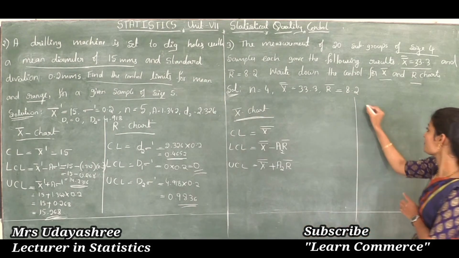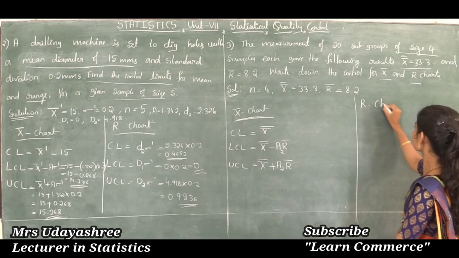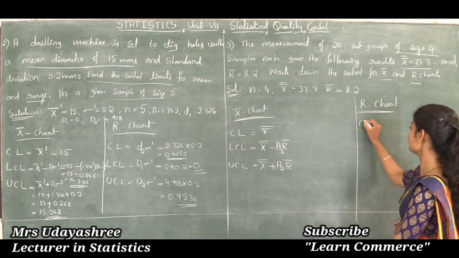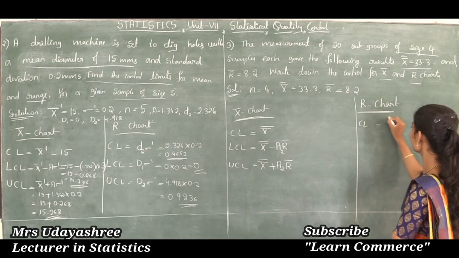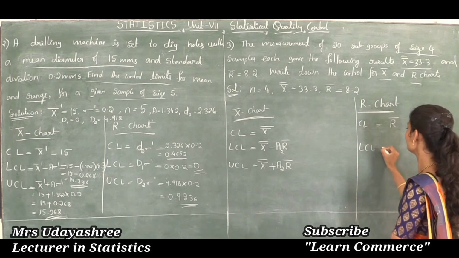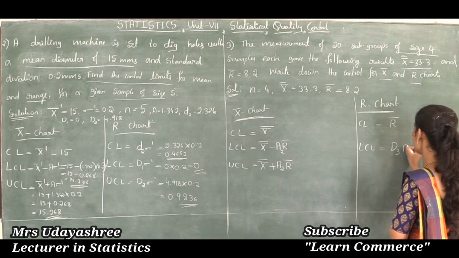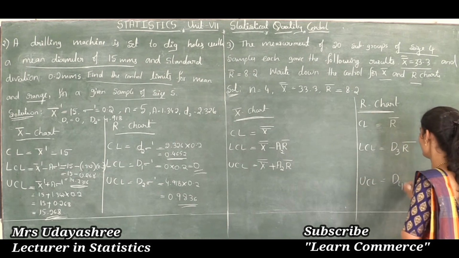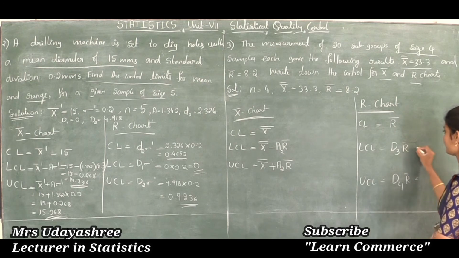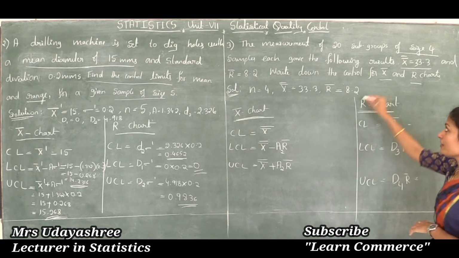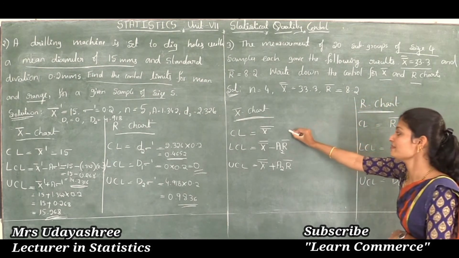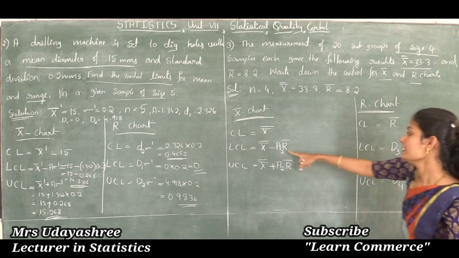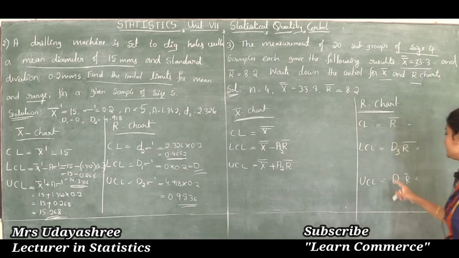Okay, now how to find the R chart in the standard unknown case. For the central limit the formula is R bar, for the lower control limit the formula is D3 R bar, for the upper control limit the formula is D4 R bar. See, in our problem, X double bar and R bar values are available. Here we need to find A2, D3 and D4.